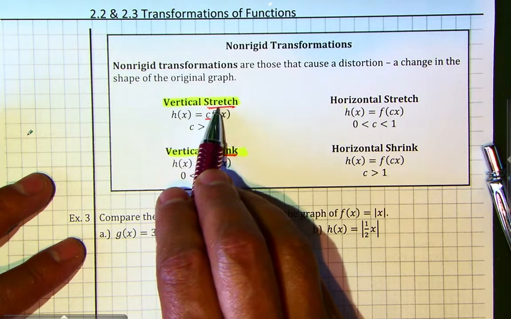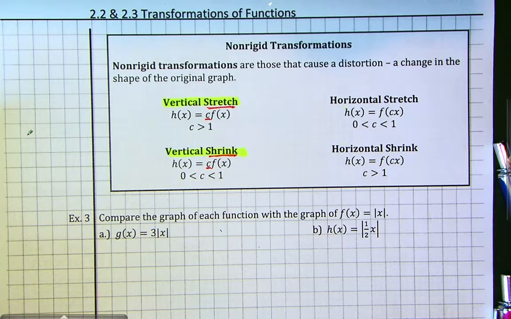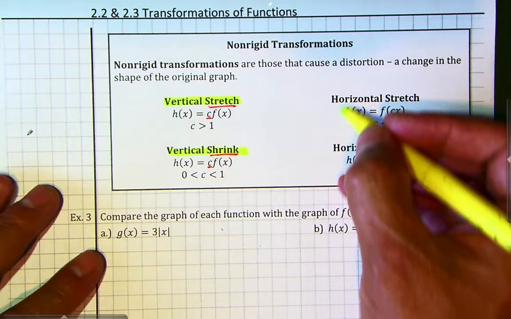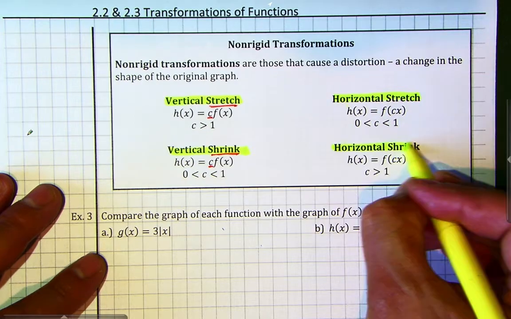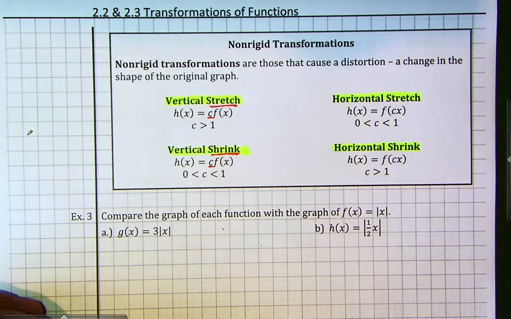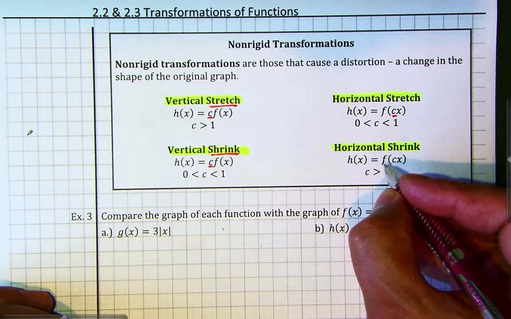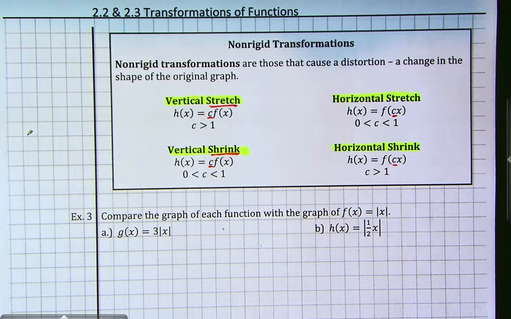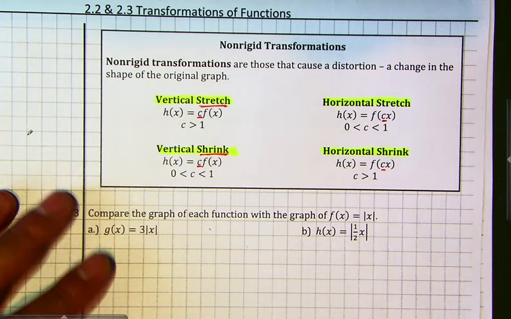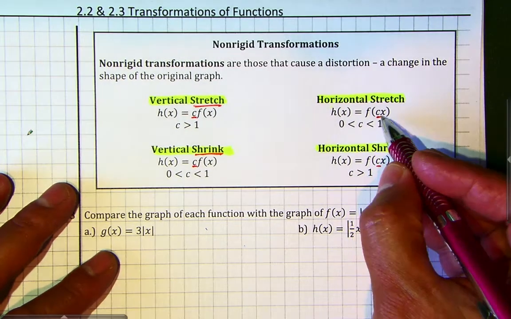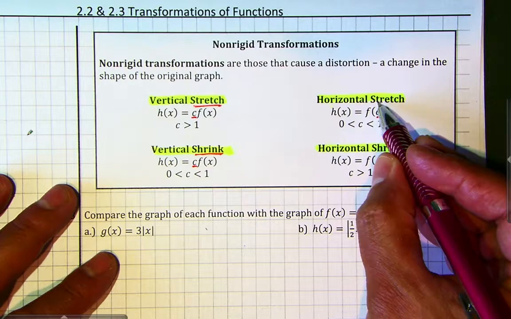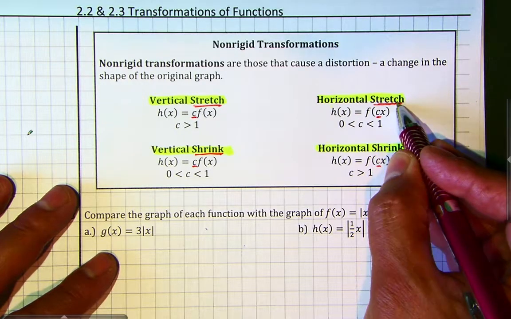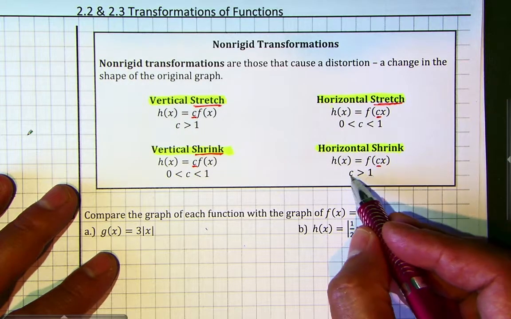So if it's smaller than 1, shrink. Bigger than 1, stretch. Now, for horizontal stretch and horizontal shrink, the number will be inside, right next to the x, inside the parentheses, inside the square root. Now, if the value of c is between 0 and 1, that's going to be a stretch. If the value of c is greater than 1, it's going to be a shrink.